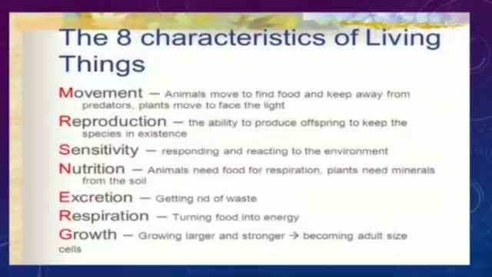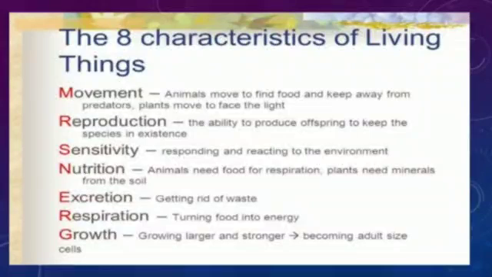Animals move from one place to another for searching food, for keeping away from predators, for finding shelter. Plants do not move from one place to another, but parts of the plant move. So plants move to face the sunlight always. So this is also a movement.